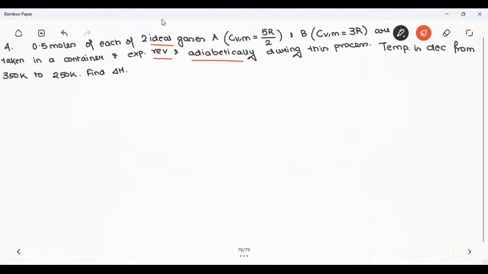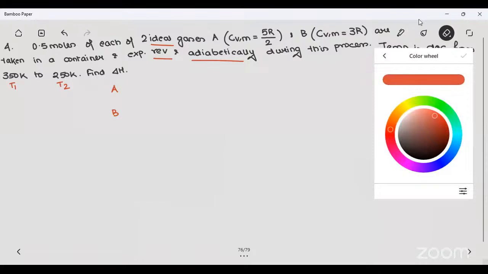During this process, the temperature is decreased from 350 to 250. Find delta H. So this is our T1, this is our T2. Apart from this, let's write A and B here.